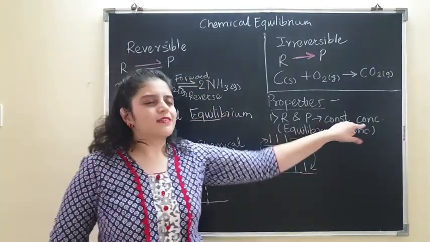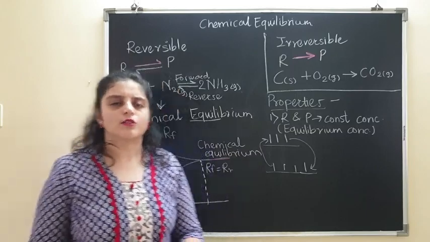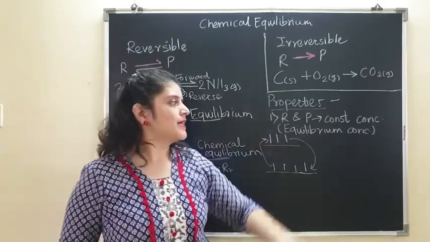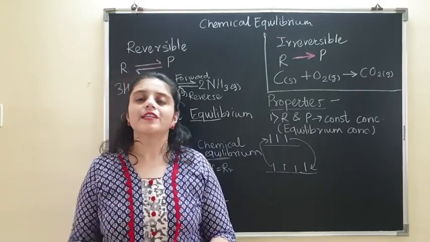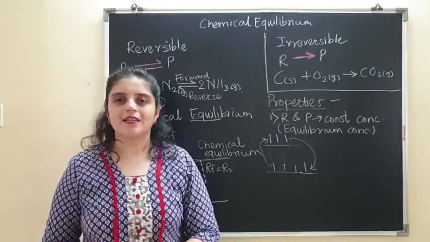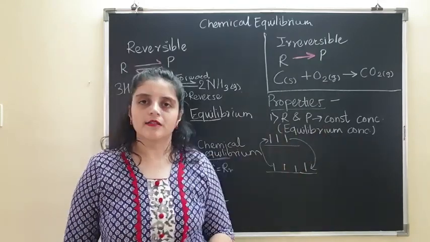Constant means something that is not going to change, something that remains constant. Similarly, these concentrations will not change. Therefore, we call them equilibrium concentrations, which are constant. So the first point was that both the reactants and products are present and they have constant concentration.